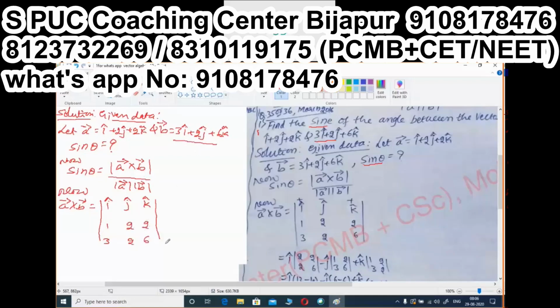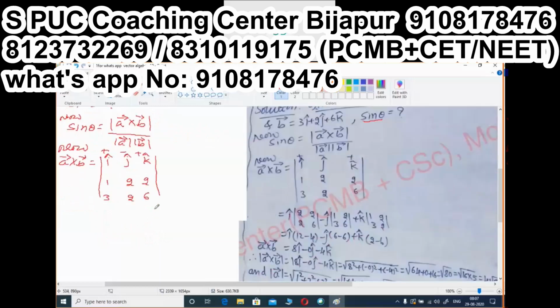Once you have expressed that as a determinant, you expand along the first row, that is plus, minus, plus. i cap of the determinant: you leave this column, you leave this row, you write the remaining, that is 2, 2, 2, 6.